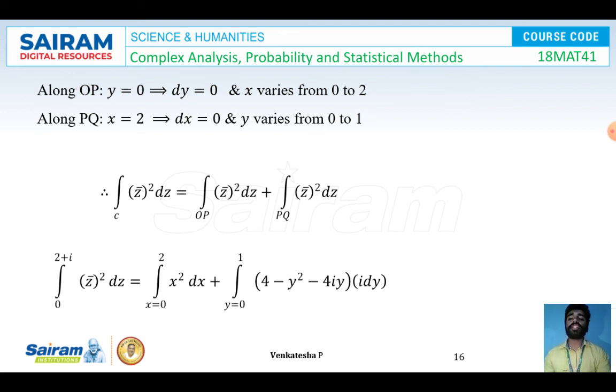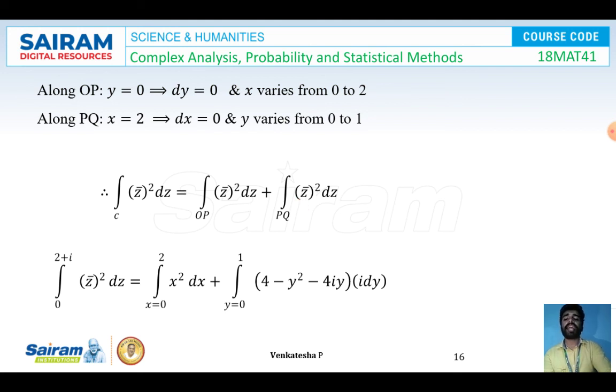Similarly, along the region PQ, the common point is x is equal to 2. It implies dx will be equal to 0. So in that region, y varies from 0 to 1. Now I'm going to replace this in the equation. So I got the integral over the region C, mod z complement whole square dz, equal to integral over OP of z complement whole square dz plus integral over PQ of z complement whole square dz.